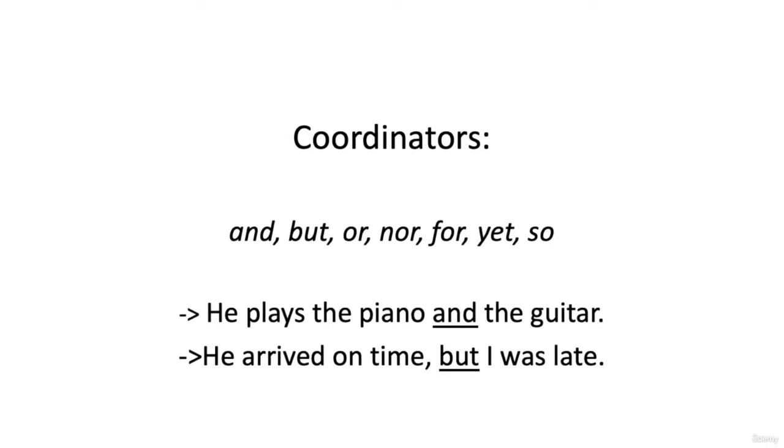He arrived on time, and I was late. It is favored to use a comma before a coordinator. It is not recommended to use more than 2 main clauses in a sentence, as that might be too long and maybe confusing.